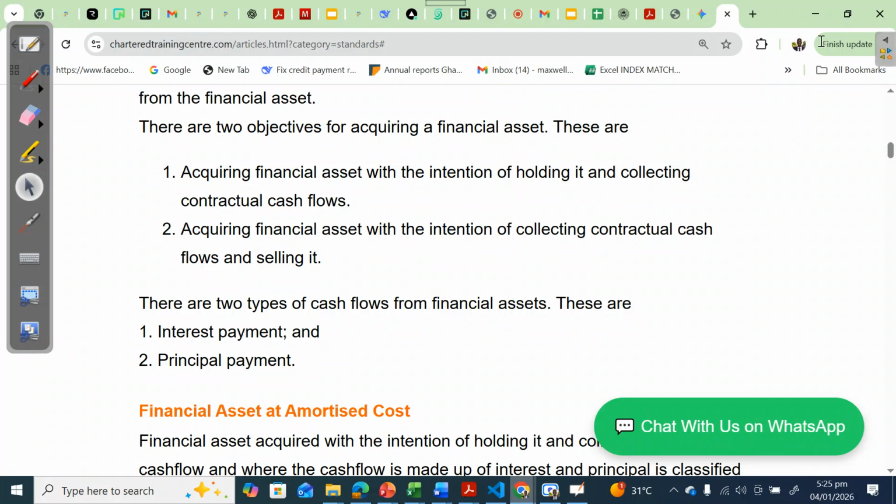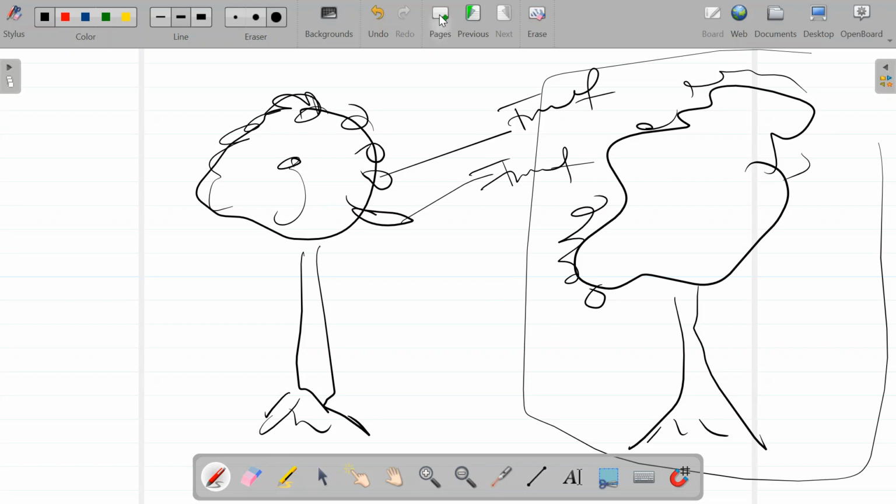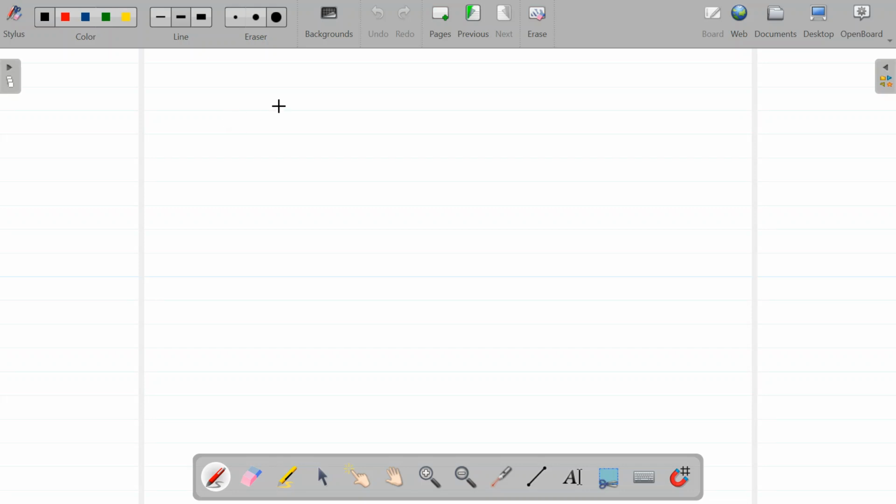And there are two main types of cash flows from financial assets. When you invest in a bond, maybe you purchase a government bond, you earn interest on it. So you have the principal, you have the interest.